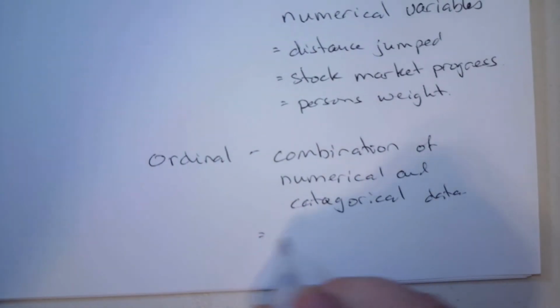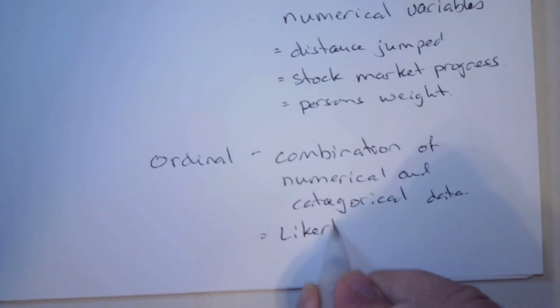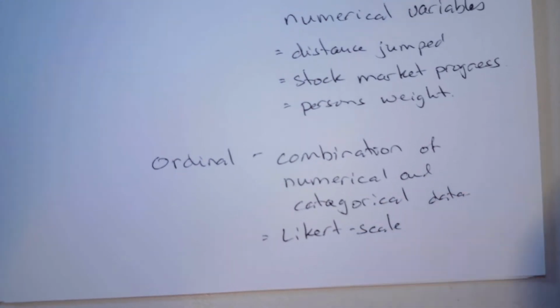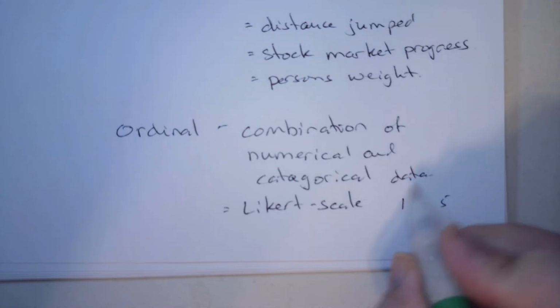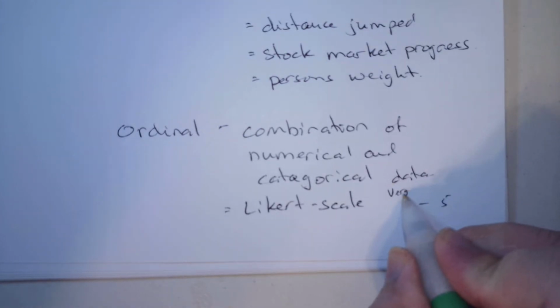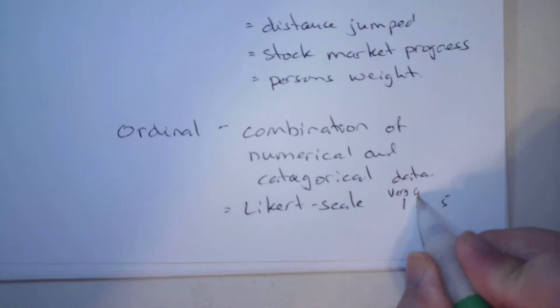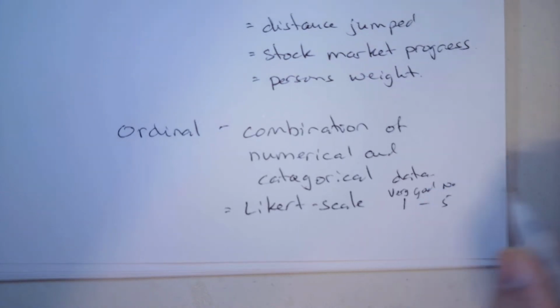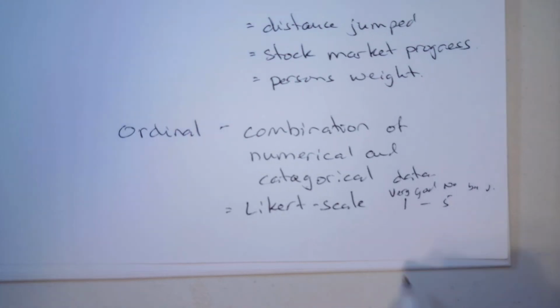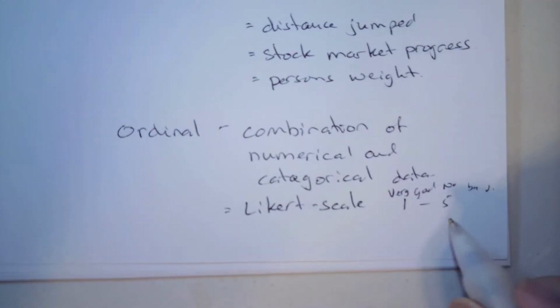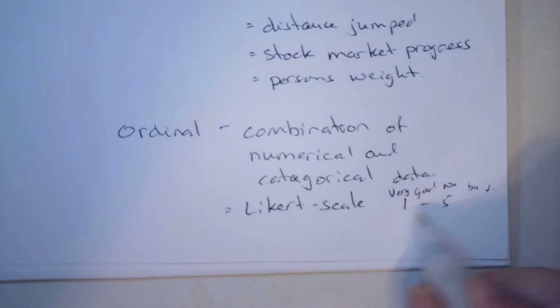For example, a Likert scale. The Likert scale is the one that has from 1 to 5. Very good, good, no opinion, bad, very bad. That's a Likert scale. So we take your opinions on varying scales and we numerate it. We quantify it to certain specific numbers.